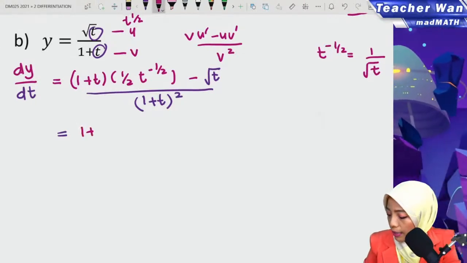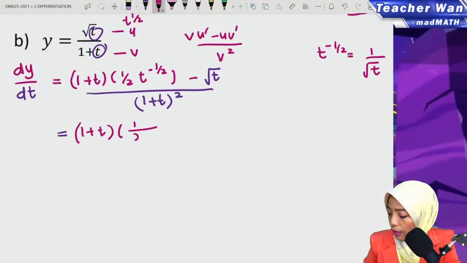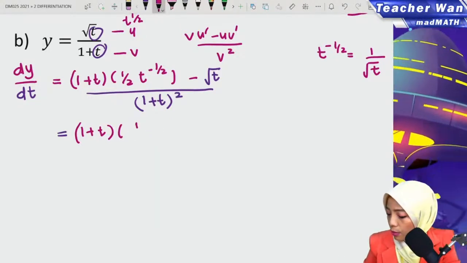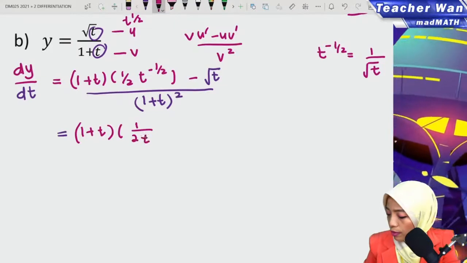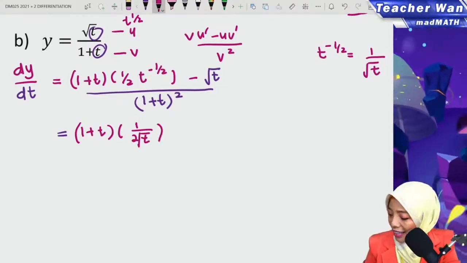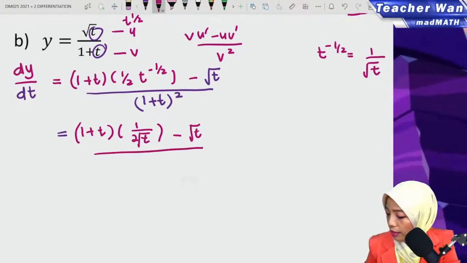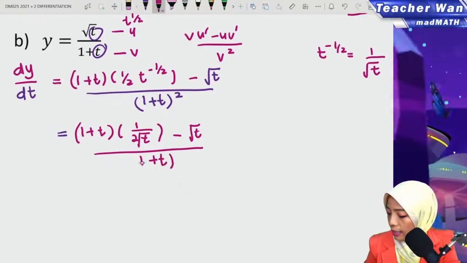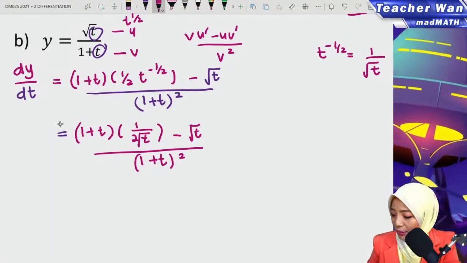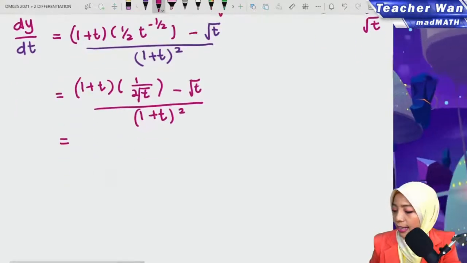So now we're going to expand this. 1 plus t. How about if I write as this? 1 over 2 root t at the bottom here, and then minus with root t over 1 plus t squared. Now let's expand this together.